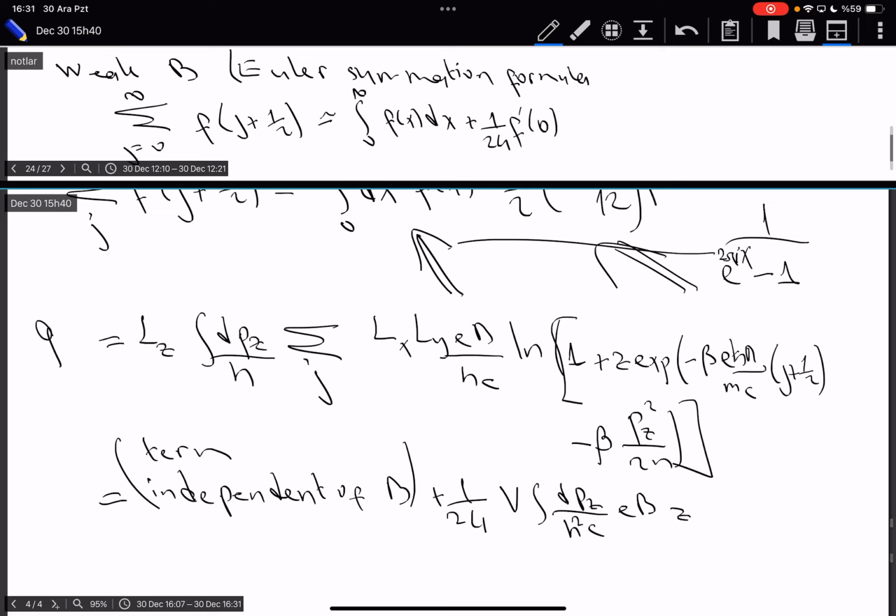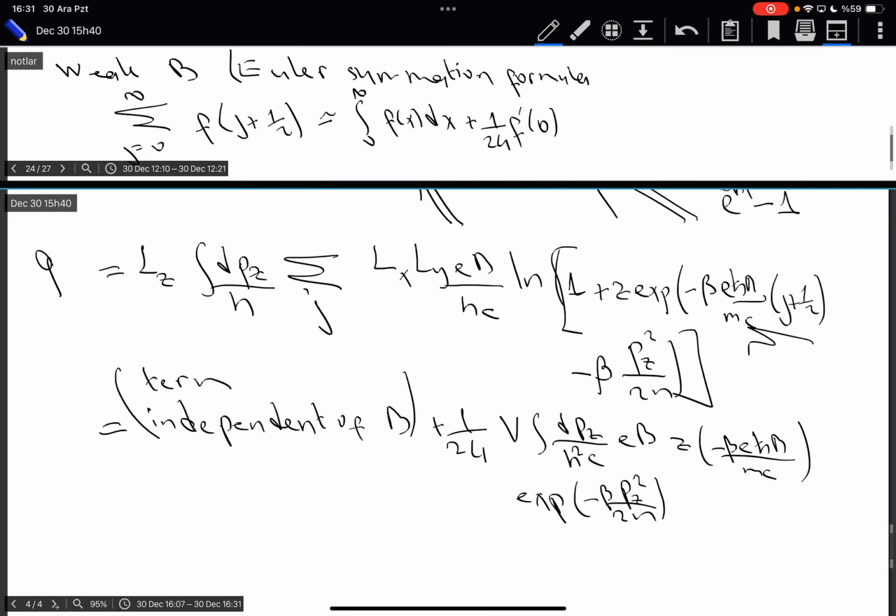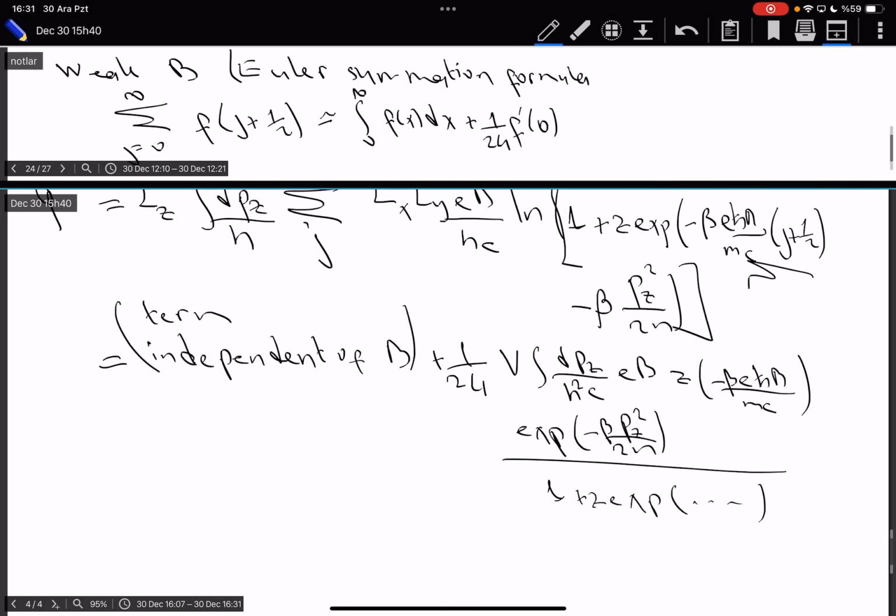Z times minus beta e h bar B over mc times the exponent of minus beta pz squared over 2, and because I'm setting j plus 1 equal to 0, this term just doesn't appear over there, divided by 1 plus z times the exponent. So this is the B-dependent part.